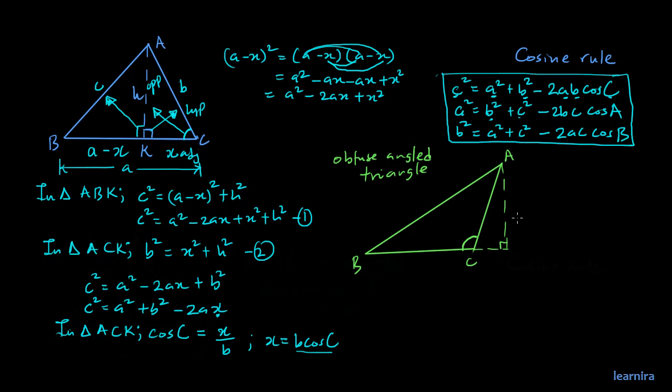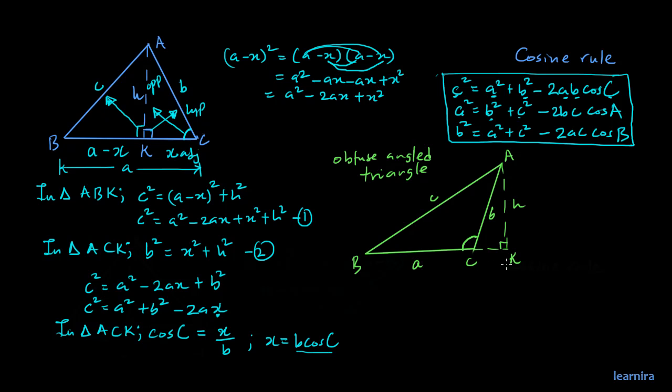Since the angle C is facing the side AB, this would be small letter c. Since the angle B is facing the side AC, you can put this as small letter b. Then since the angle A is facing the side BC, you can put this as a here, and let's take this here as K. So the height AK, let's just represent it as h.